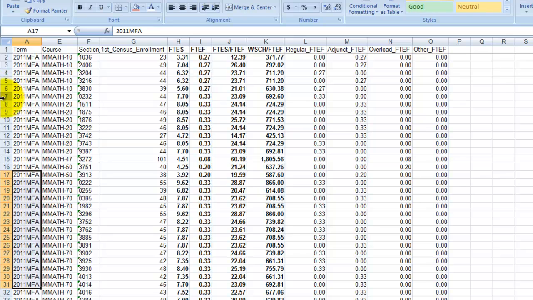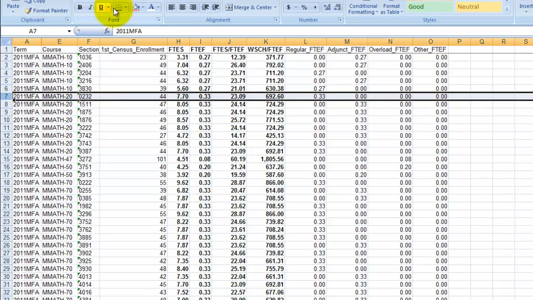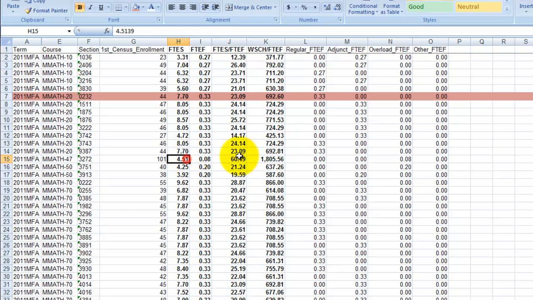And if you just take one line and look at it, coming across, this was a Math 20 class, which means 5 hours a week, and it had 44 students enrolled on census day. And then over here is the FTES associated with those, which is 7.7.